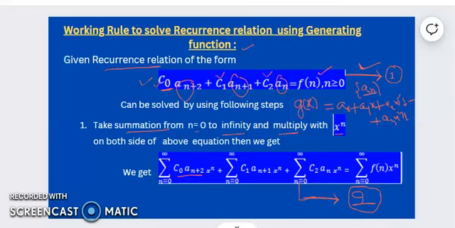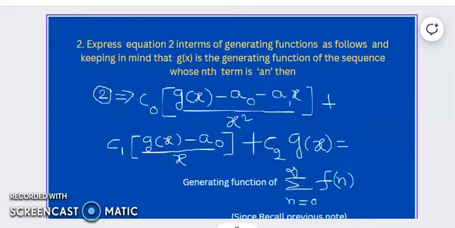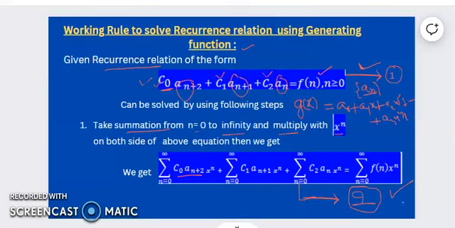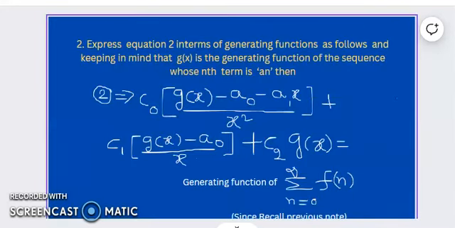Now the second step of this procedure is to express equation number 2 in terms of generating functions. What is equation number 2 here? This is equation number 2.